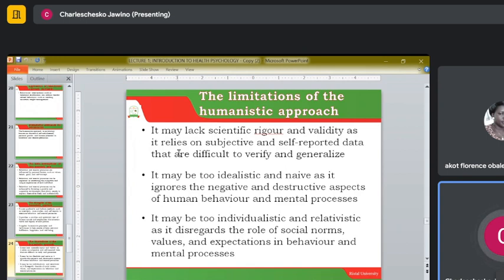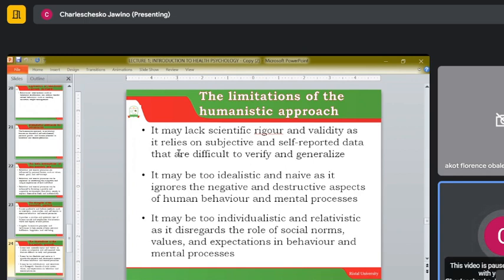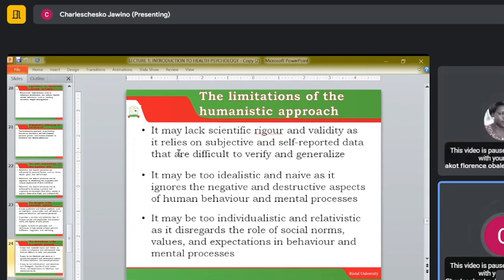So that becomes a limitation of this approach, because it cannot be experimented. Another limitation is that it may be too idealistic and naive, as it ignores the negative and destructive aspects of human behavior and mental processes.